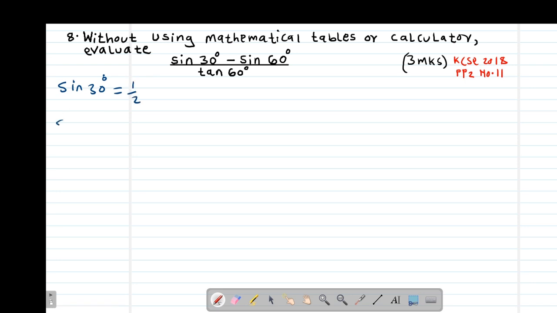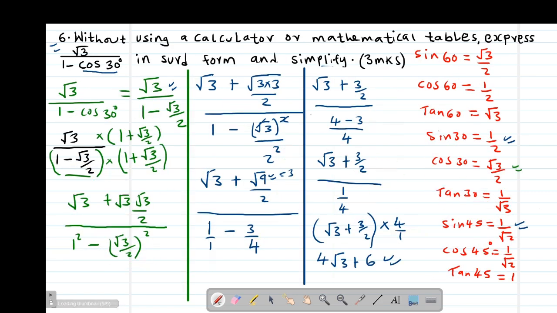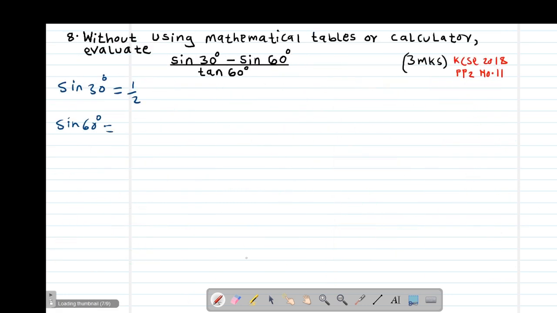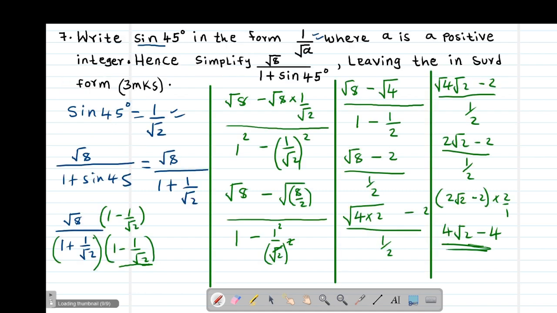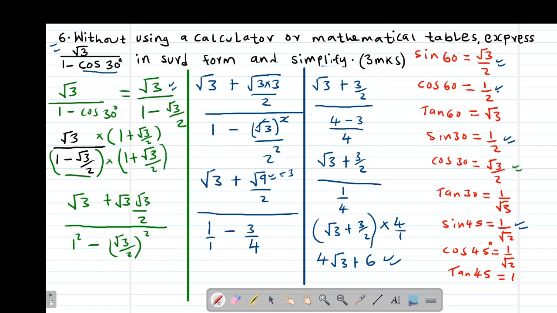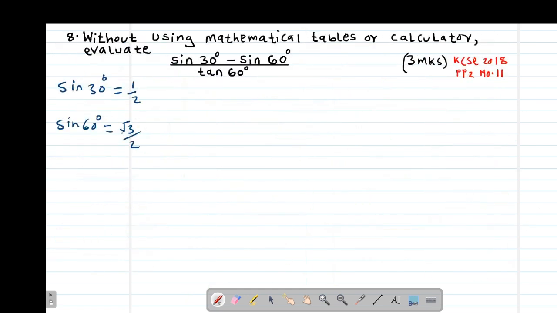Then we also need sine 60 degrees. Let me confirm: sine 60 degrees is root 3 over 2.